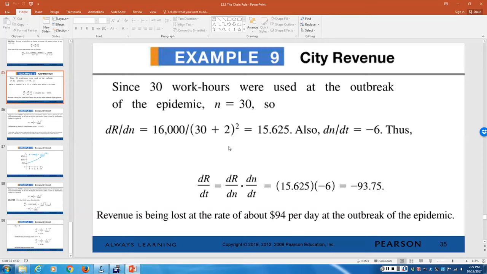And then this is how many work hours each day. So you're going to have to multiply this times the -6 for each additional day. So that's about $94. Okay? So it's $94 a day at the outbreak.